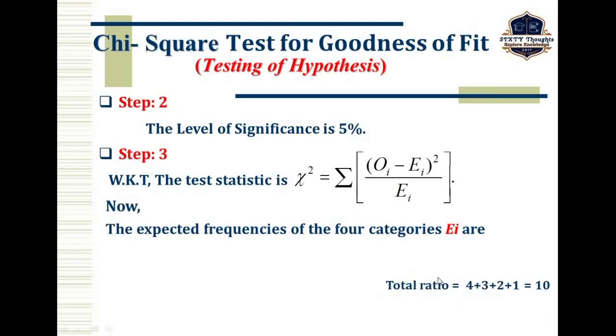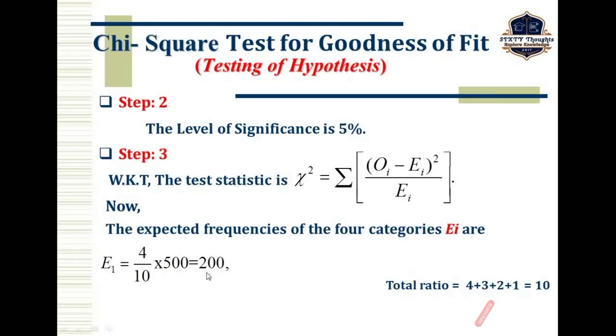The total ratio is 4 plus 3 plus 2 plus 1, which is 10. First we find the expected value of failures: 4 by 10 into total number of students 500. If you simplify this, you get 200 students.